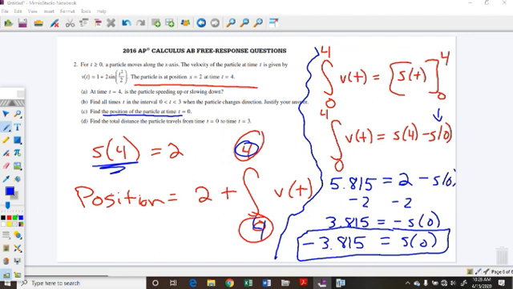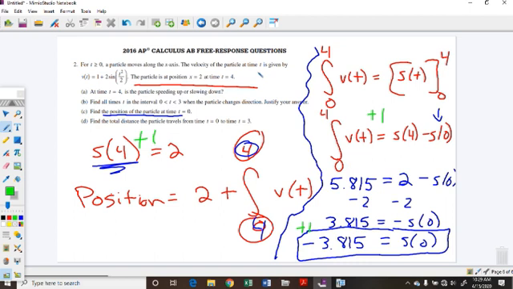You get 1 point for the integral. You get 1 point for the answer, and you get 1 point for using this initial condition. So 3 points available there.